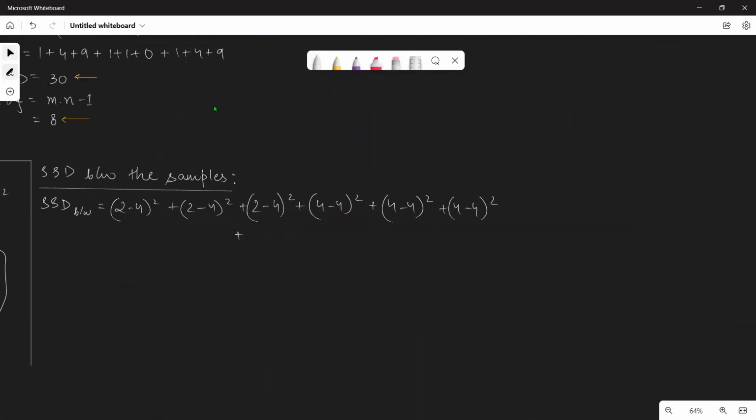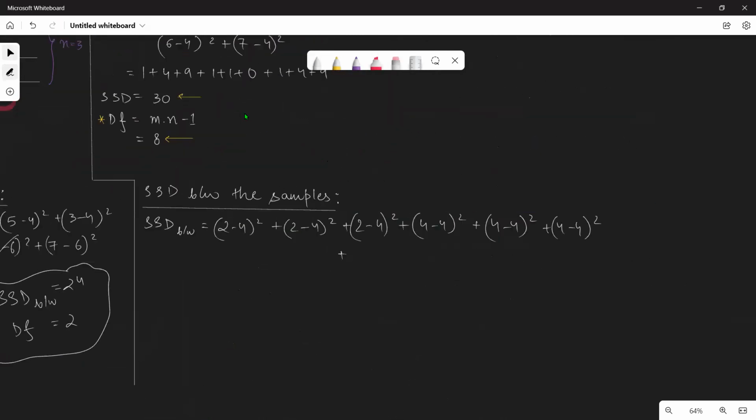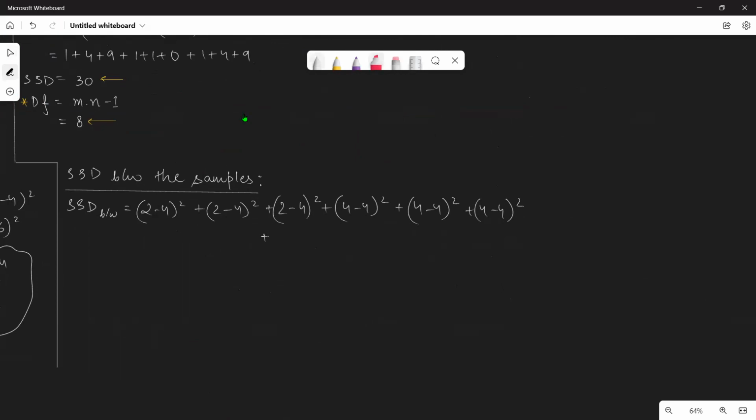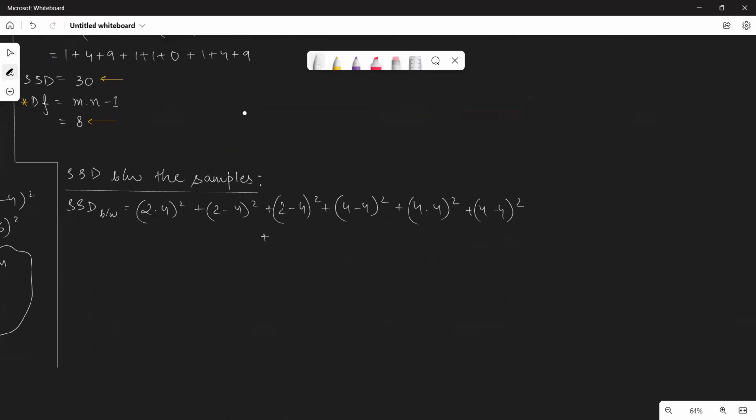Then 6 minus 4, isn't it? So individual mean value minus the grand mean. That is what we are doing. And how many times? N number of times. 6 minus 4 whole square plus 6 minus 4 whole square plus 6 minus 4 whole square.